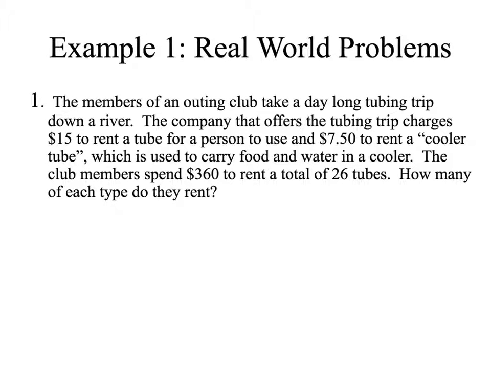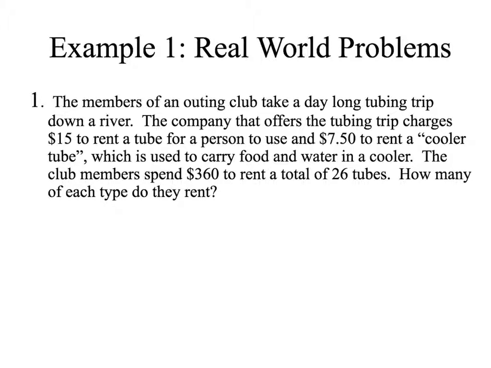So we're going to be looking at real-world problems. And we pretty much want to follow those steps that were laid out for us. Underline the important information, figure out what x and y are, set up the equations, solve, and label. So, let's go through and underline the important information.